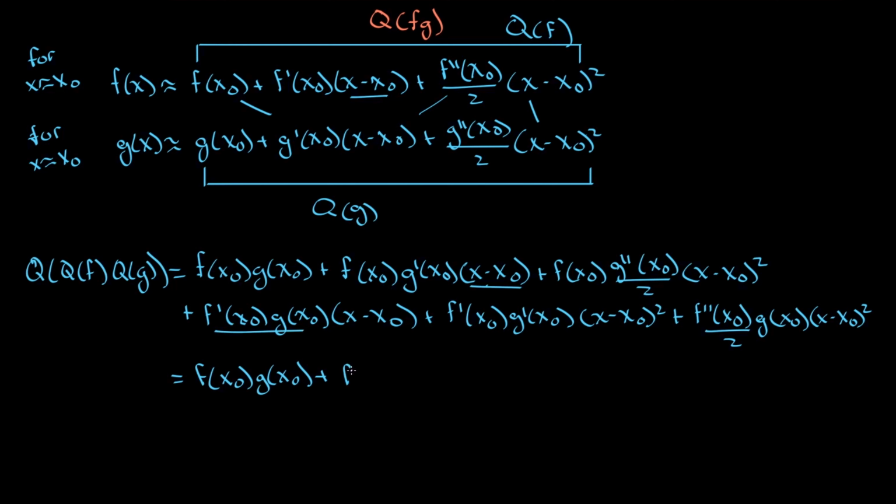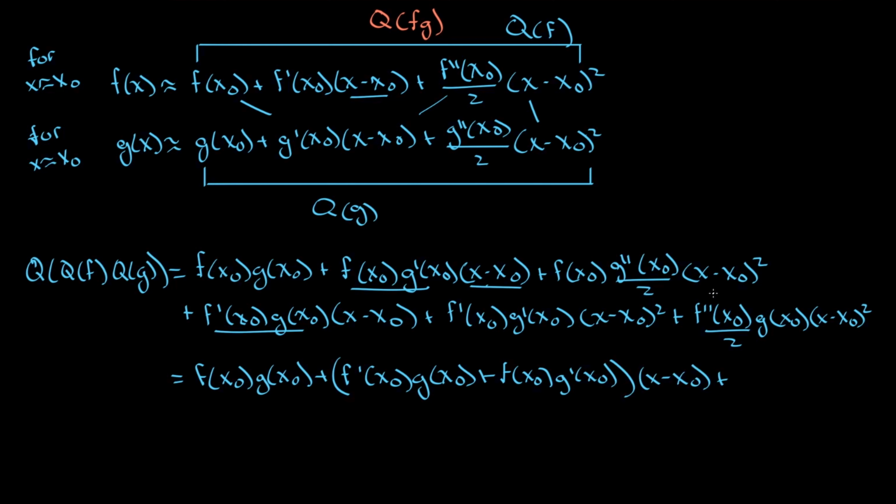We have plus f prime of x naught times g of x naught plus f of x naught times g prime of x naught. And again, we factored out an x minus x naught.